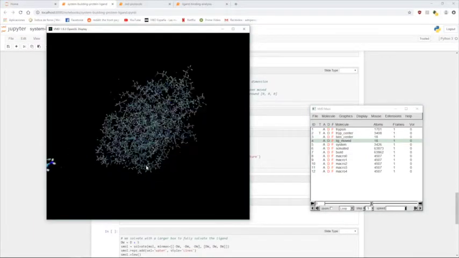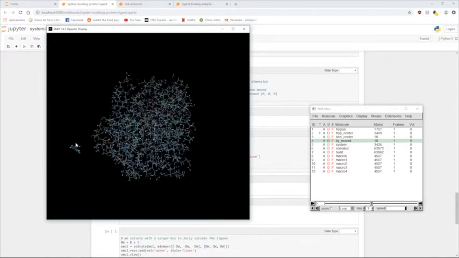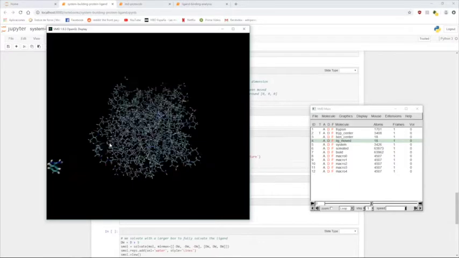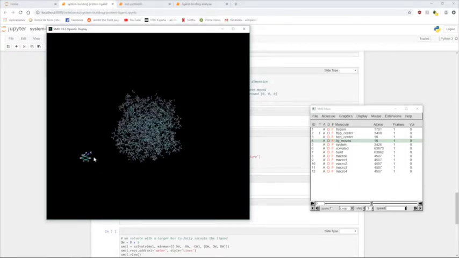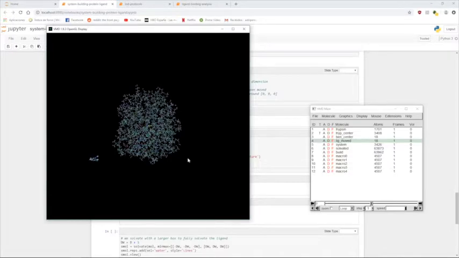Now we have our molecule in here, and this is where we will start our simulations. You can also generate different positions of your ligand, and start several simulations from different positions.